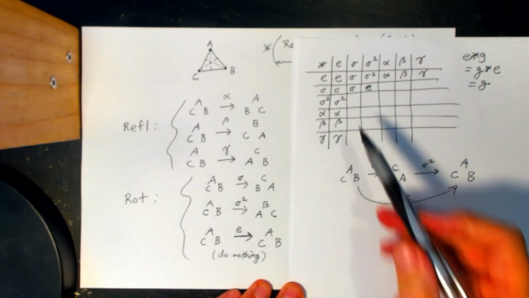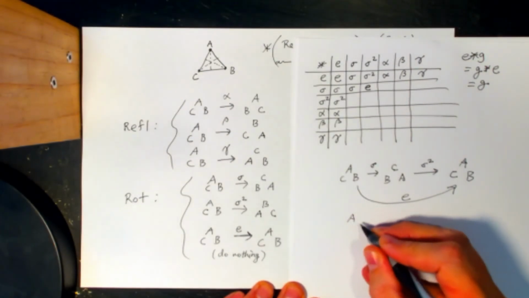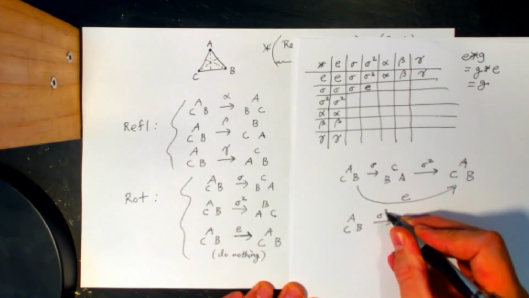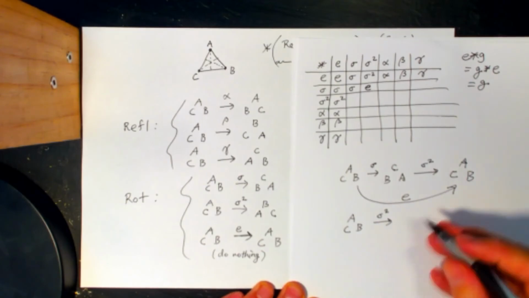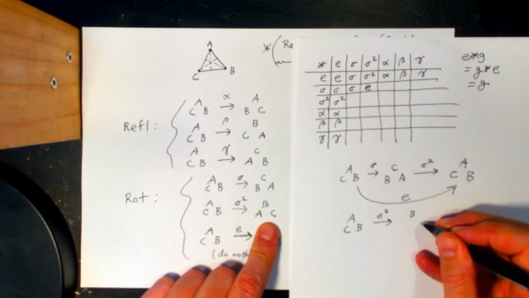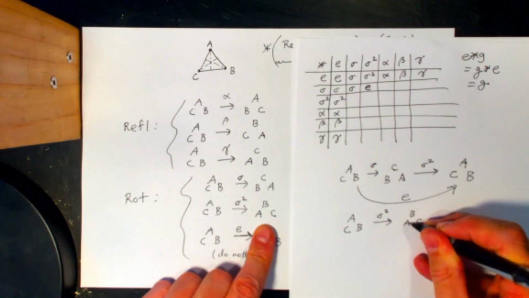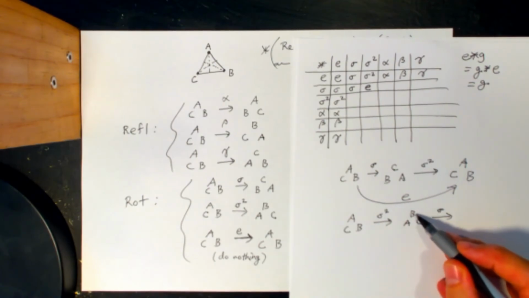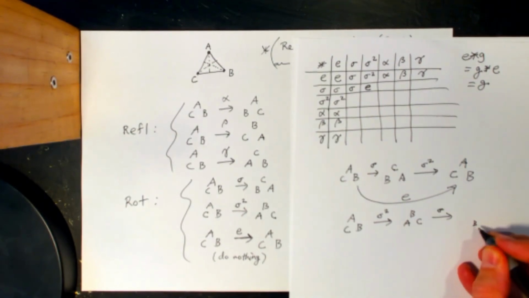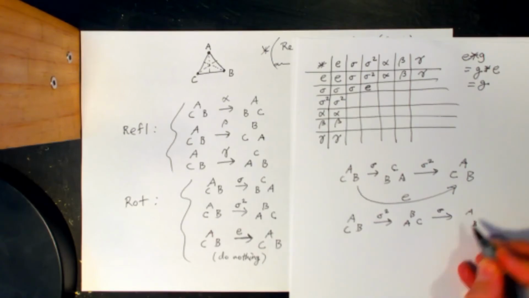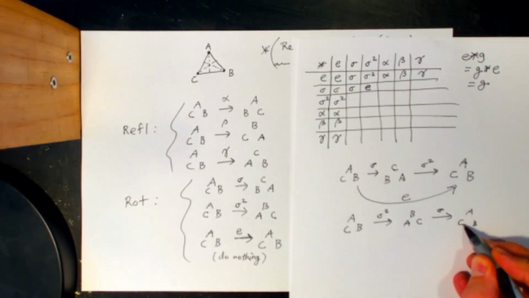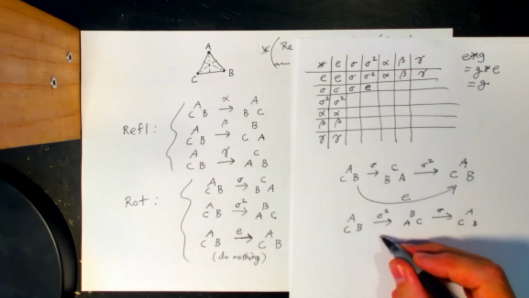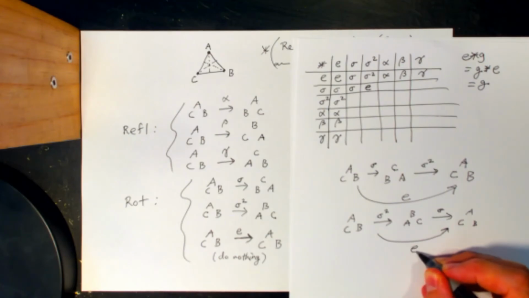Now if we did this the other way around, doing sigma squared first. Sigma squared is the triangle with B at the top. Next we do a single clockwise rotation. That takes B to the bottom right, A up top, and C one over to the bottom left. Now that is the same as do nothing.